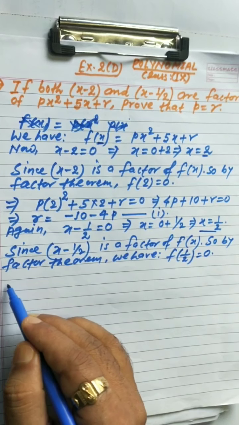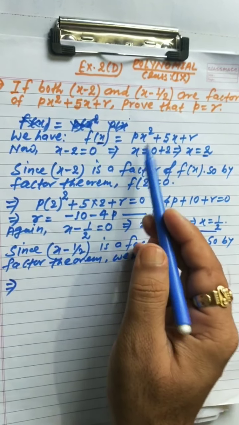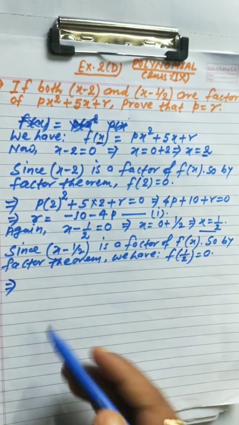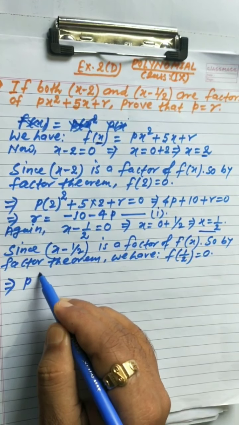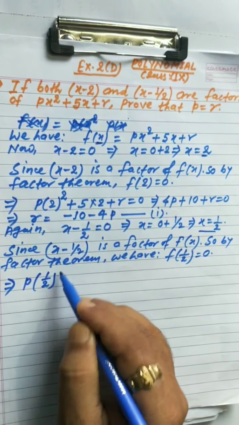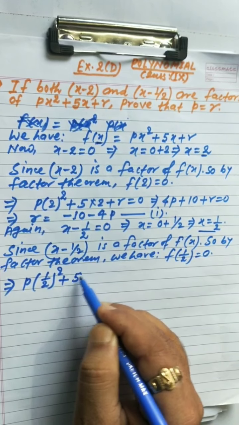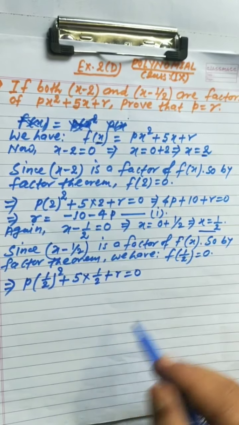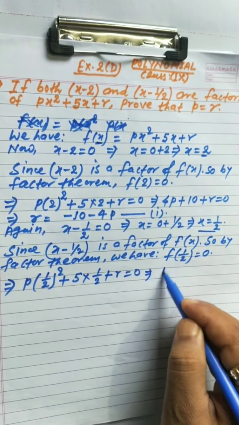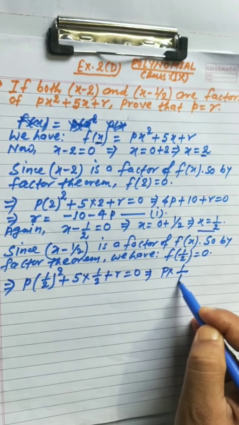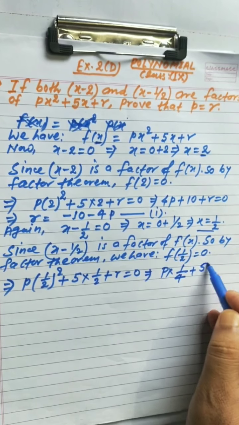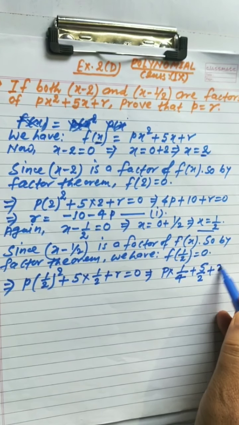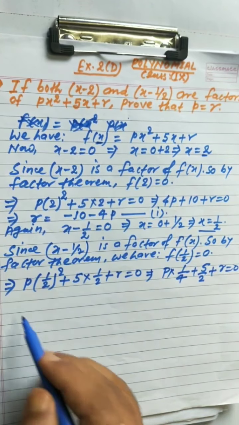So this implies that now replace every x by 1 by 2. So it will be 1 by 2 the whole square plus 5 into 1 by 2 plus r will be equal to 0. This implies that p multiplied by 1 by 4 plus 5 by 2 plus r is equal to 0.